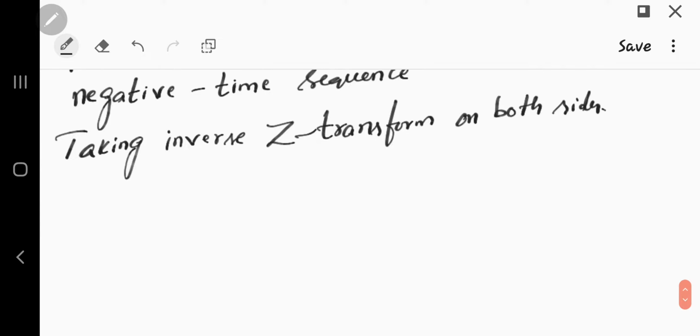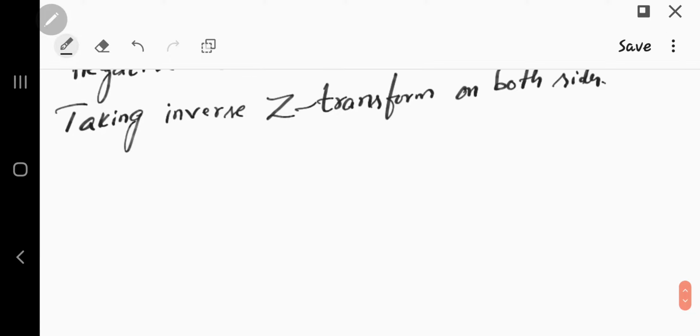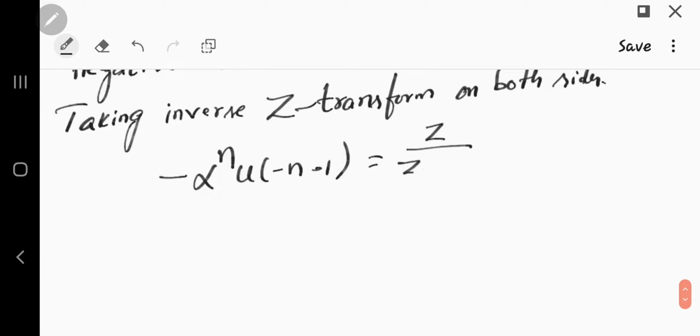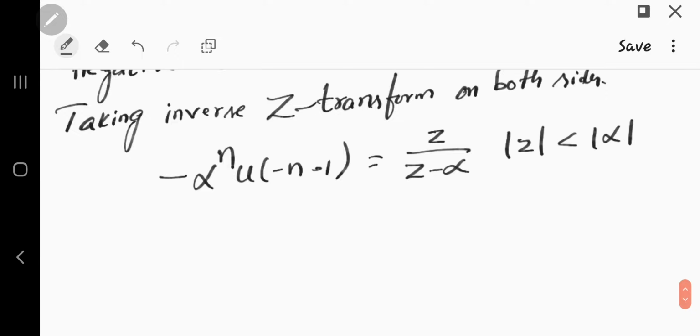So here I want to make one thing clear. If you observe for a negative time sequence, for minus alpha n into u of minus n minus 1, you will get the same thing, z divided by z minus alpha, as the z transform, but this will be for ROC less than alpha because this is a negative time sequence.